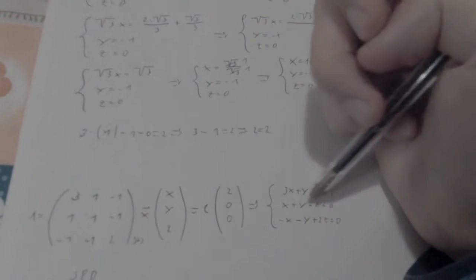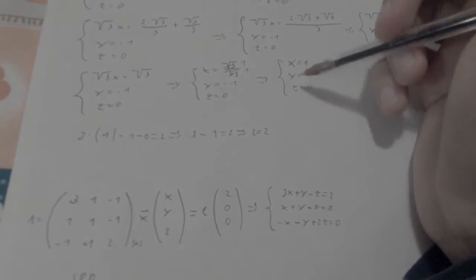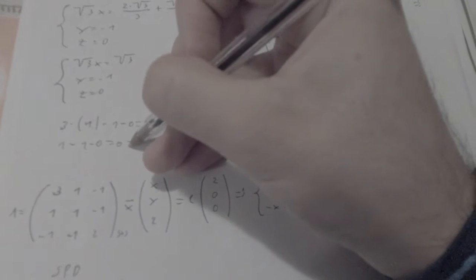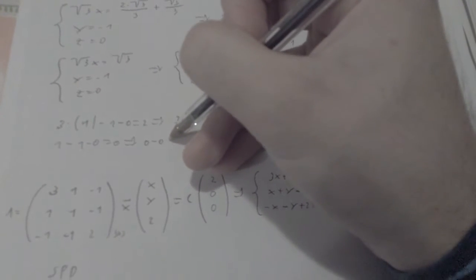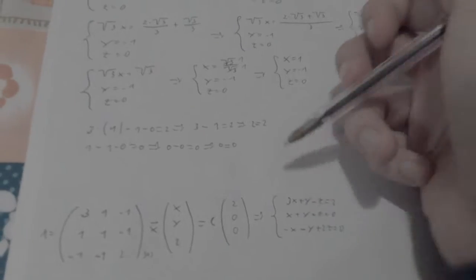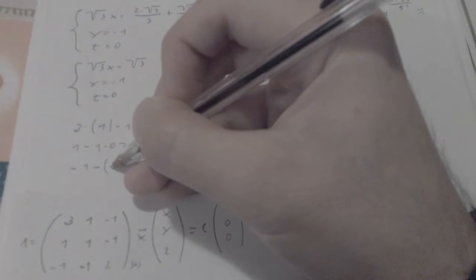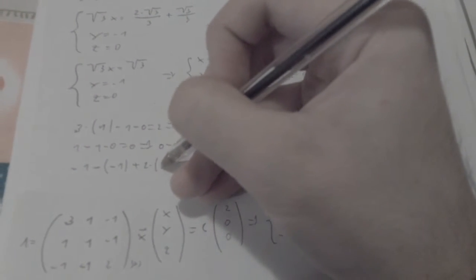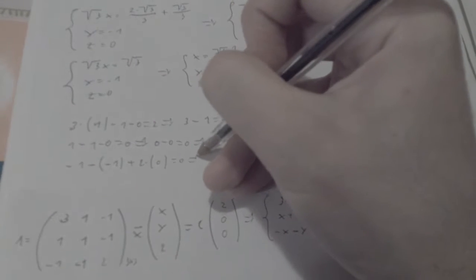Now let's try with the second equation by substituting those three values. So we have 1 minus 1 minus 0 equal to 0. So we have 0 minus 0 equal to 0, and it is absolutely right that 0 is equal to 0. So we are happy. Now we're crossing our fingers for the third equation. By substituting those three values in the third equation, we get negative 1 minus negative 1 plus 2 times 0 equal to 0.